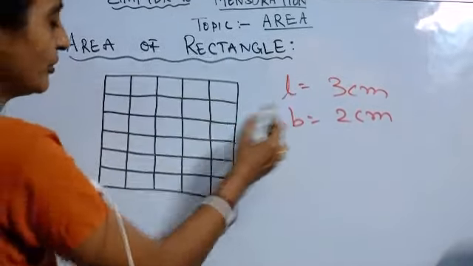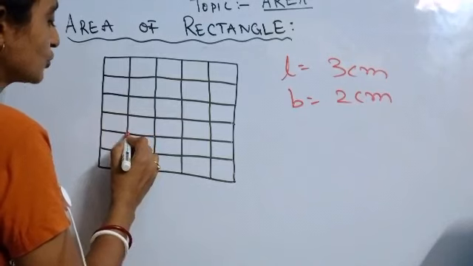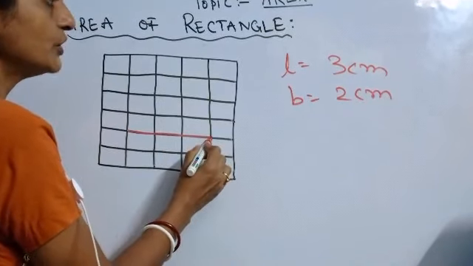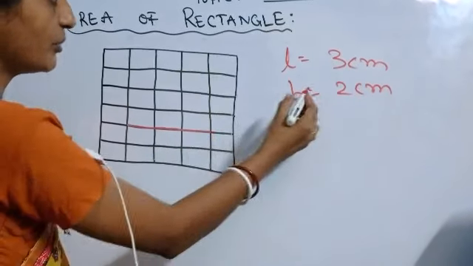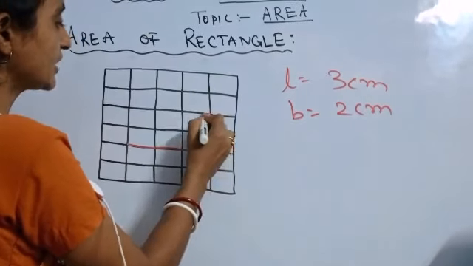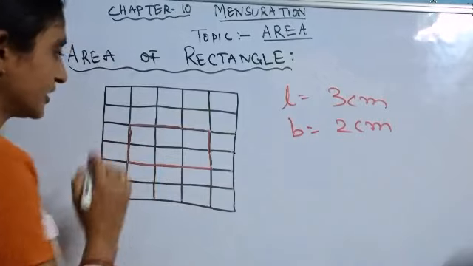So how many boxes do I have to take for 3 centimeter? Here I will take 3 boxes. 1, 2, 3. This is the length of 3 centimeter I have taken, and the breadth has been given as 2 centimeter. So it is 1, 2. Okay, let's complete the rectangle. Here I have completed the rectangle.